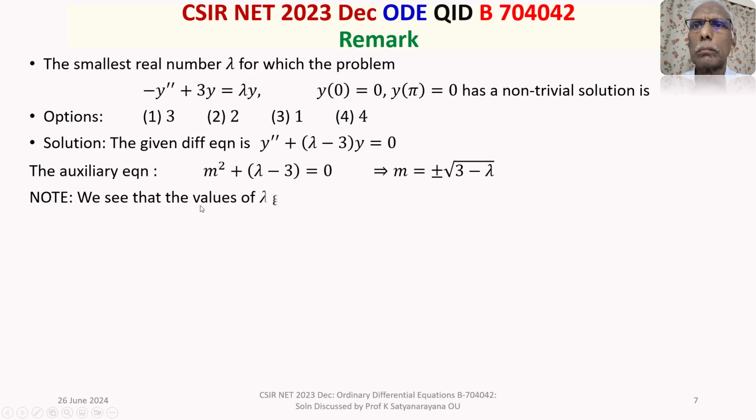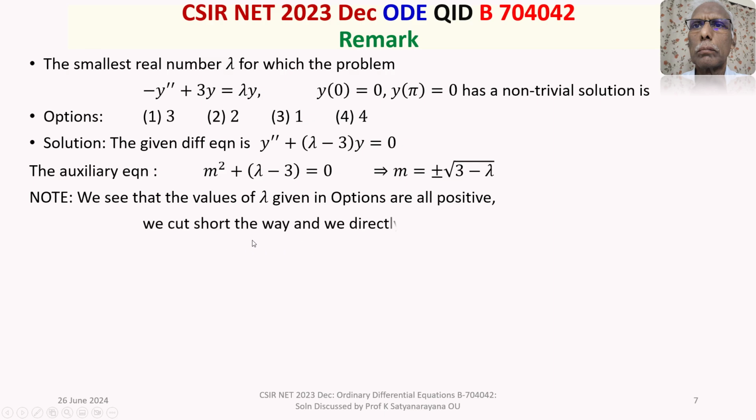Note, we see that the values of lambda given in options are all positive. Therefore, we cut short the way and we directly go to case 3, skipping case 1 and 2, and proceed. And you will save some time by this.